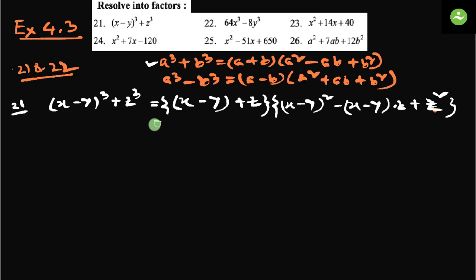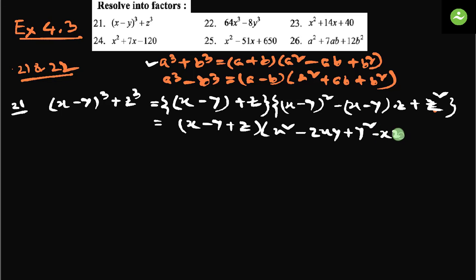Equals x minus y plus z, just we are simplifying and getting rid of the second brackets, into x square minus 2xy plus y square minus xz plus yz plus z square.